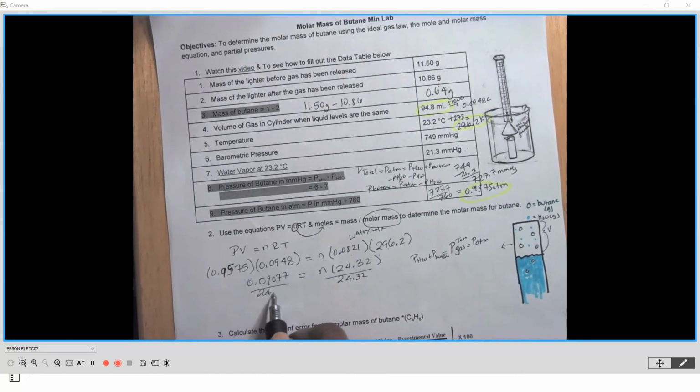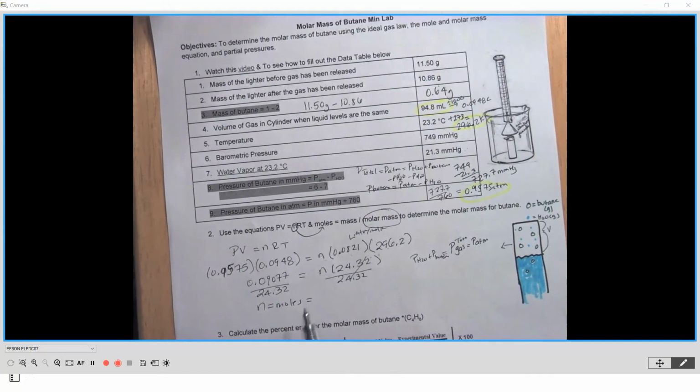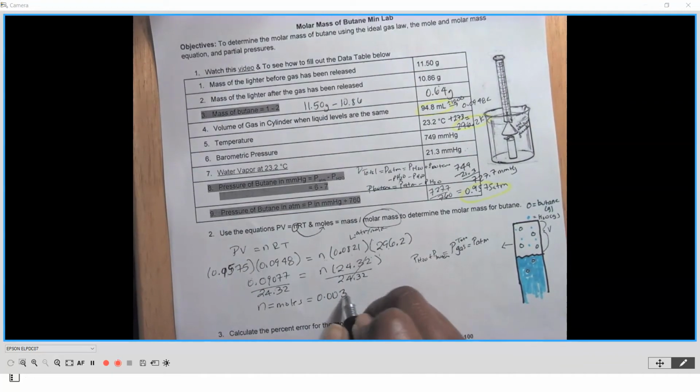And now what I'm going to do is divide both sides by 24.32 to solve for my moles. And I get my moles, 0.00373.